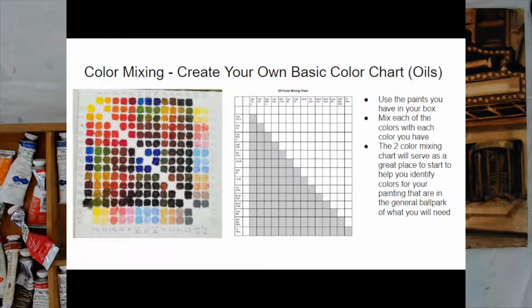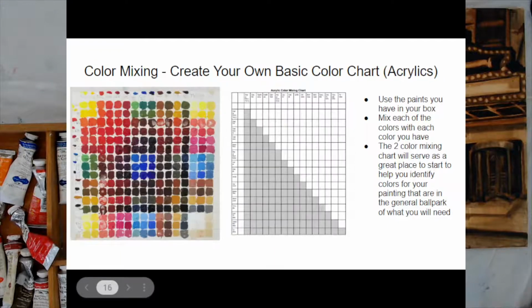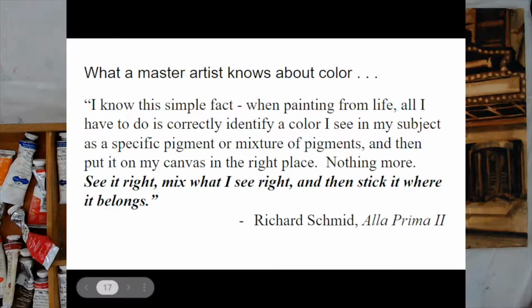What I can do is I can give you a copy of this so that you can have it and work on your own. I've also done it with acrylics. You could do it with any paint medium, any medium at all. You can make your own color chart in this way. So I've done it with acrylics. I've done it now with oils. Do it with watercolor if you work with watercolors.